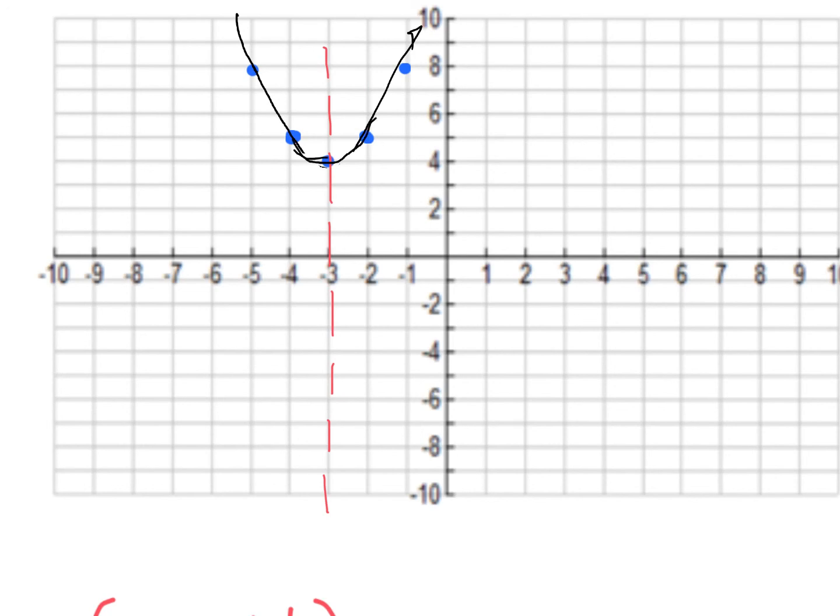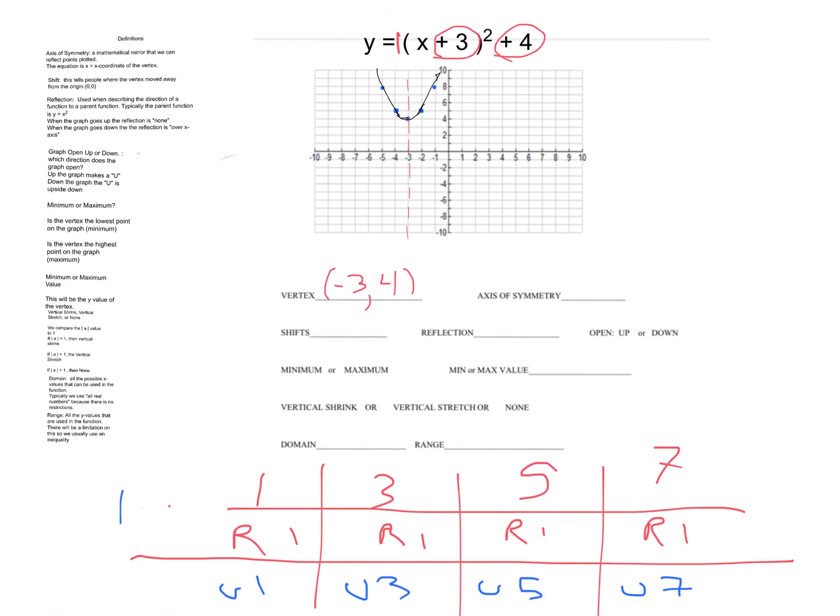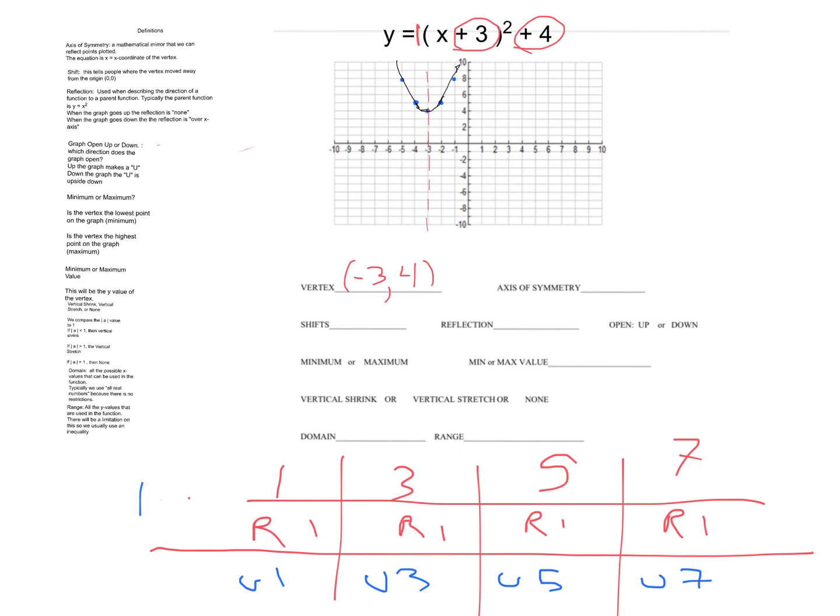Something like that. Alright, now, we still have all this other stuff we got to fill out, though, but again, not much has really changed. Okay? So, here we go. Axis of symmetry. X equals negative 3. Shift. We went left 3, up 4. Reflection. Since the graph is going up, there is none. The graph opens up. Minimum or maximum, again, my vertex is the lowest point of the graph, so it's a minimum. Minimum value, again, y equals 4.